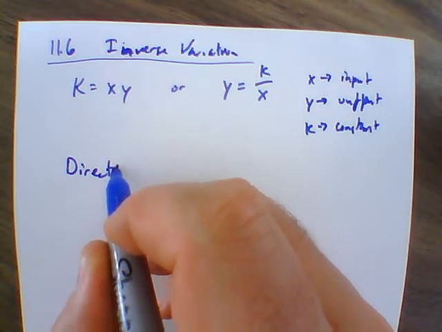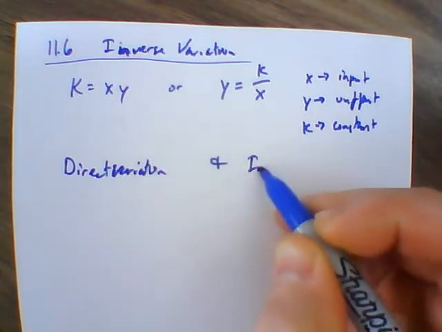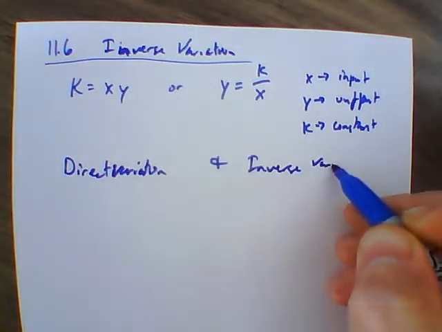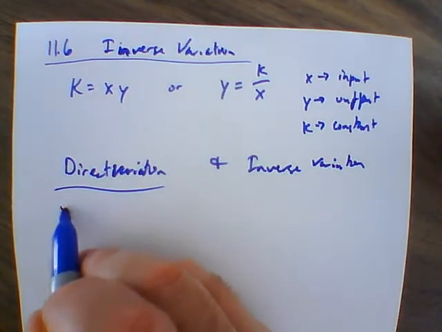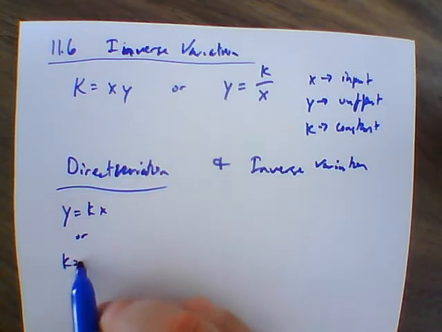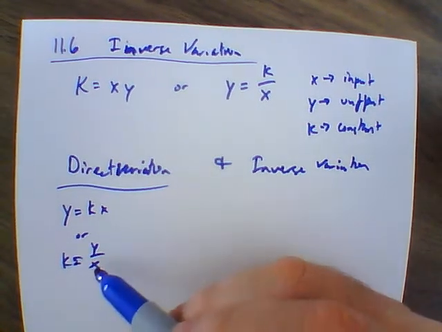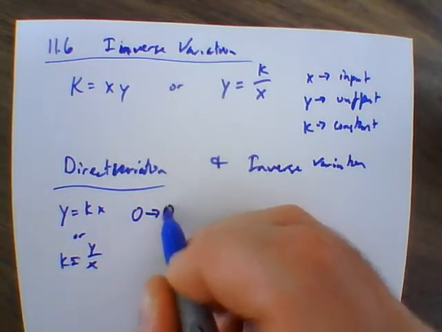So considering what we know so far, we have direct variation and inverse variation. Okay. Under direct variation, we had y equals kx, or k equals y divided by x. So this was our constant of variation. Direct variation, 0 had to go to 0.